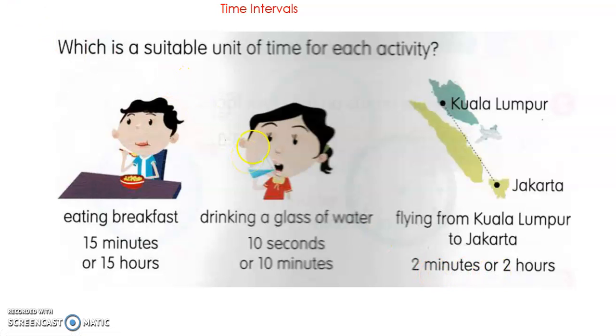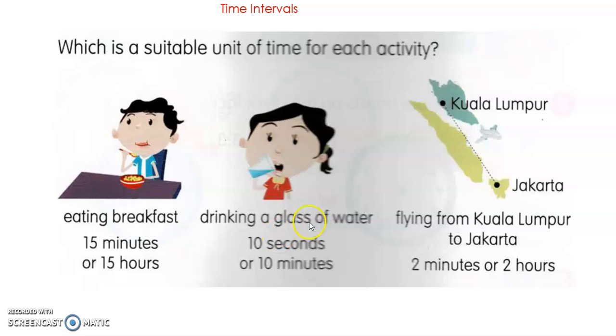I'm sure that is easy for you to say, because you need to just differentiate between minutes, hours and seconds, and this is easy, I guess. So eating breakfast, we can say this takes 15 minutes instead of 15 hours. 15 hours is too much, so we can describe eating breakfast as 15 minutes.